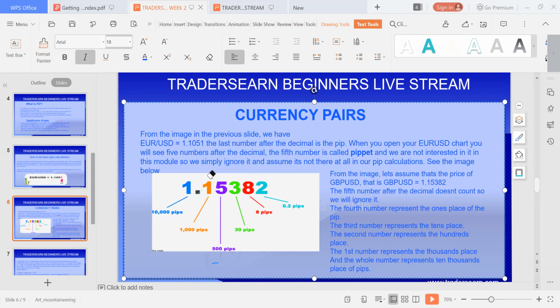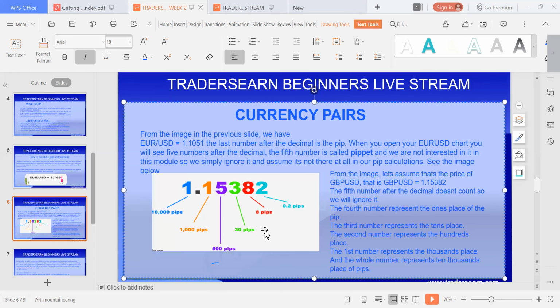And finally, this bigger guy, this integer, this whole number is in 10,000 pips. That is why I was saying that between $1 and $2, there are 10,000 pips. If there was no pips division like this, and you could only trade change in price from $1 to $2, then you'd be trading 10,000 pips.